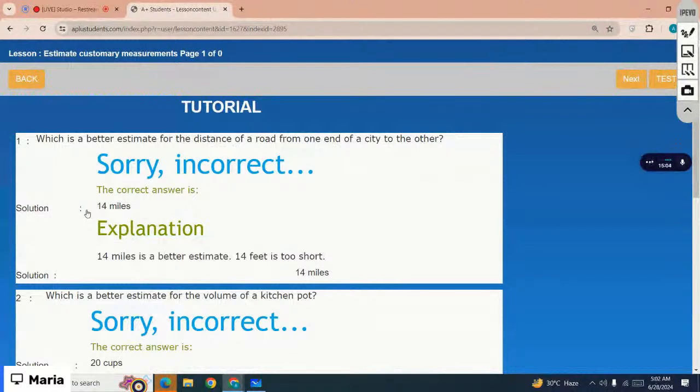You are given the options 14 miles or 14 feet. Which is the correct option? That is 14 miles, right?